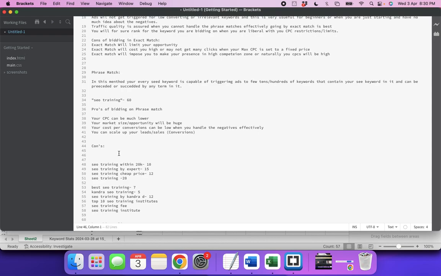Opposite to the pros, where your CPCs can be much lower, the cons can be if you can't handle the negatives effectively, you end up wasting a lot of budget, or a lot of money.